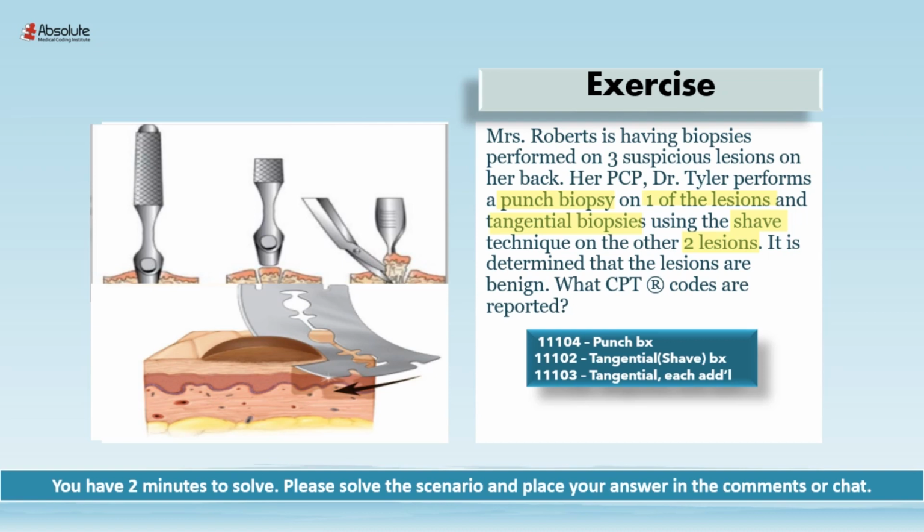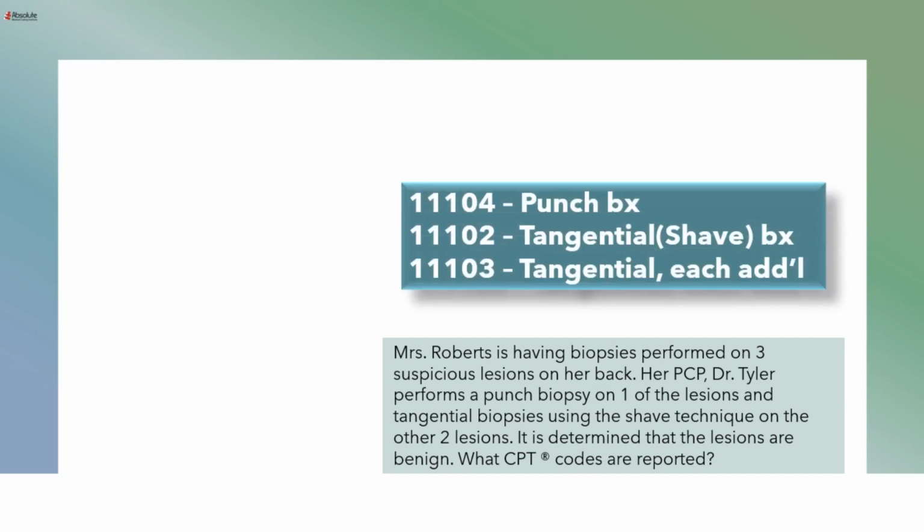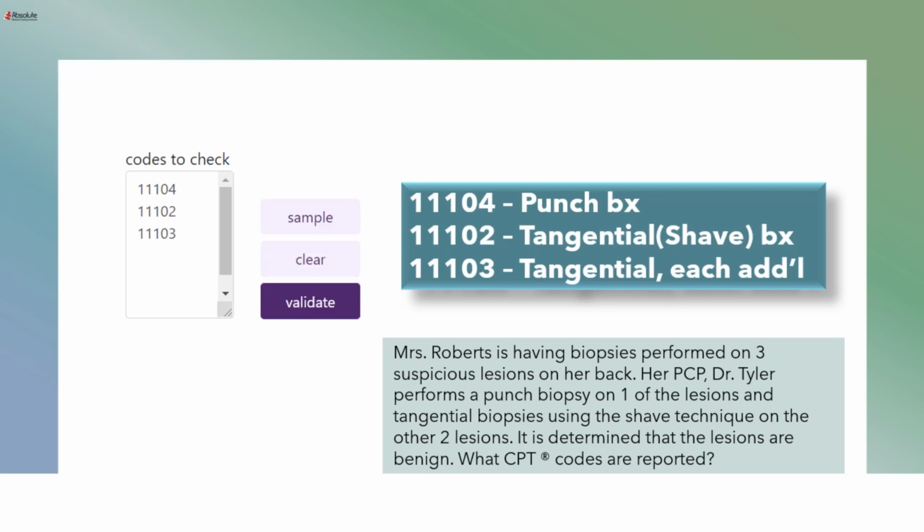So I have 3 codes that I'm going to place in my editing software, and I'm going to see what comes up. Just to remind you of the codes, we have 11104 for the punch biopsy, 11102 for the tangential shave biopsy, and 11103 for each additional tangential biopsy.